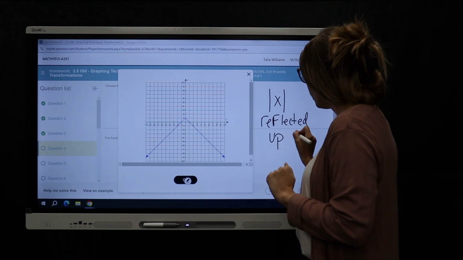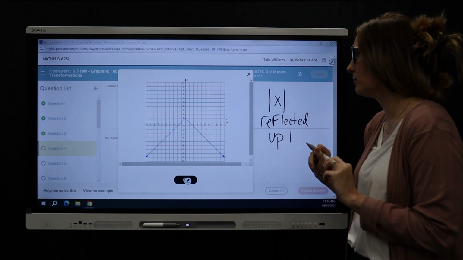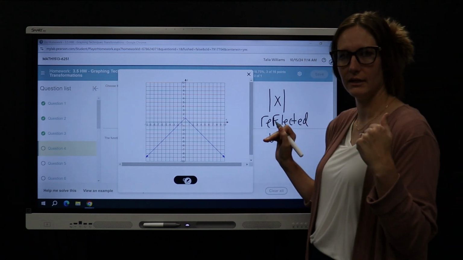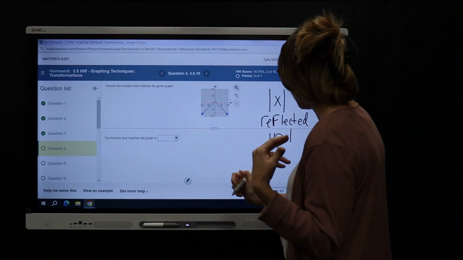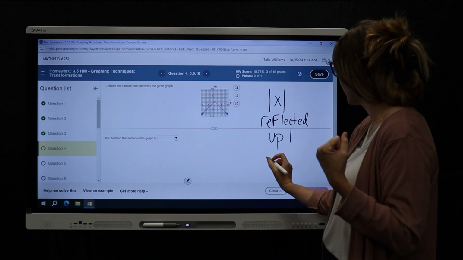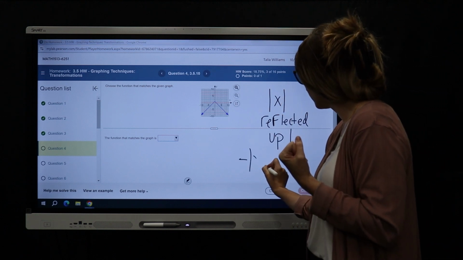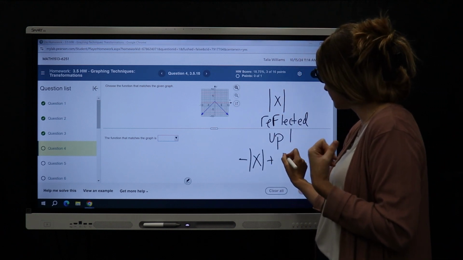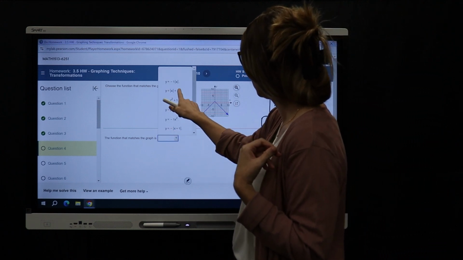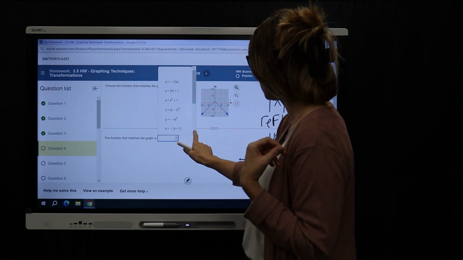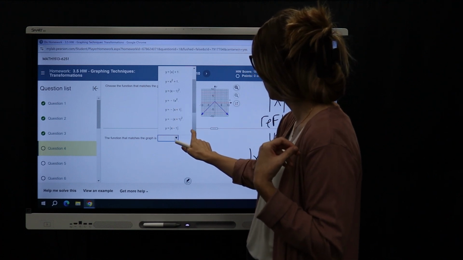We should have some of these that are multiple, like left, right, up, and down, so left and up, not just up and down. Reflected, and up is on the outside, plus 1. That one's just negative absolute value of x plus 1.